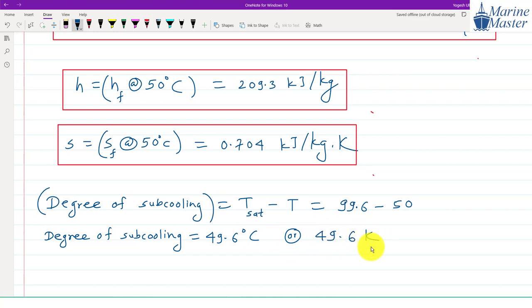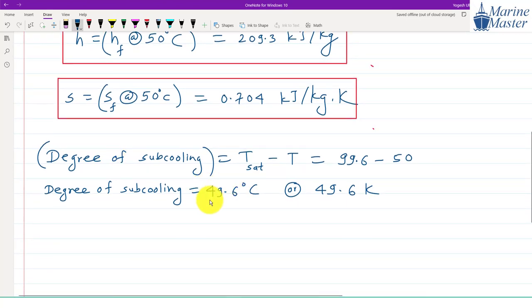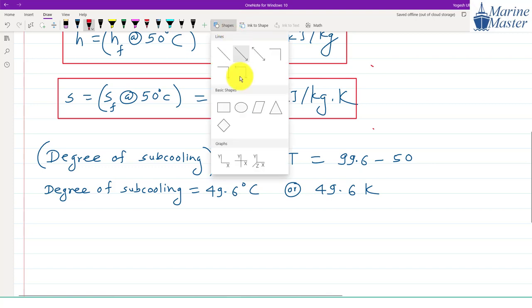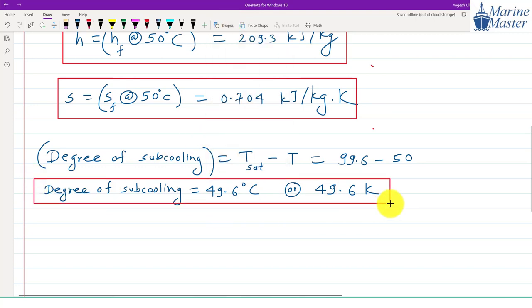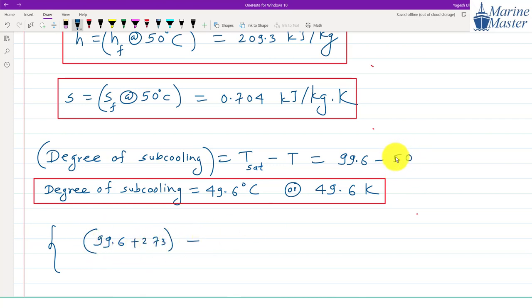Now you will ask how degrees Celsius and Kelvin will be the same. Because it is a difference. One minute, for your reference, I am writing it down. 99.6 degrees Celsius means 99.6 plus 273 Kelvin. Minus 50 degrees Celsius means 50 plus 273.